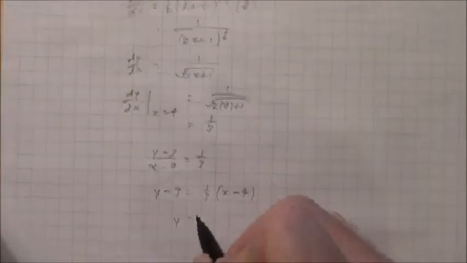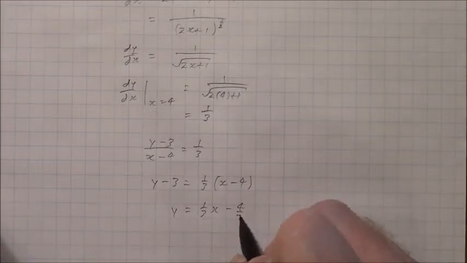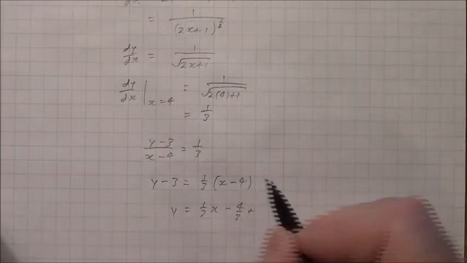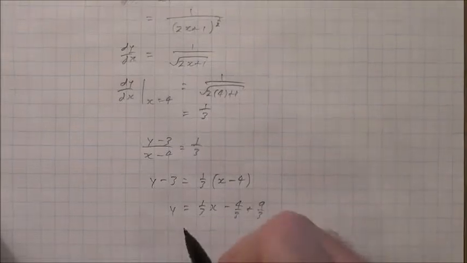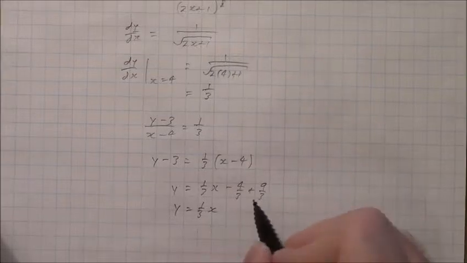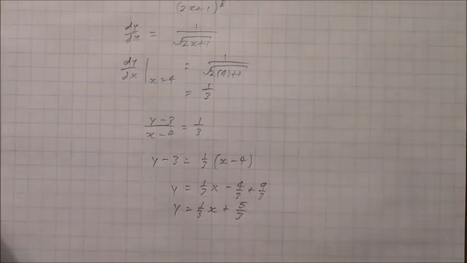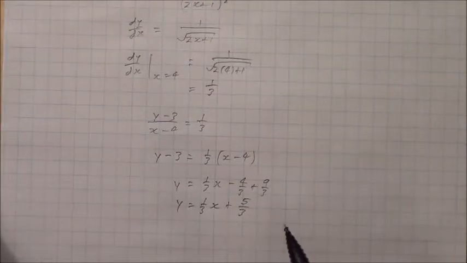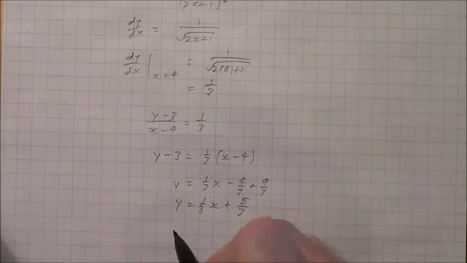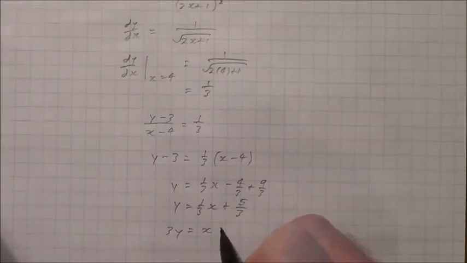And then y equals 1/3 x minus 4/3 plus 3, well that's 9/3. So y equals 1/3 x plus 5/3. Okay, and that's in slope point form, or in a more general standard form, we could say 3y equals x plus 5.